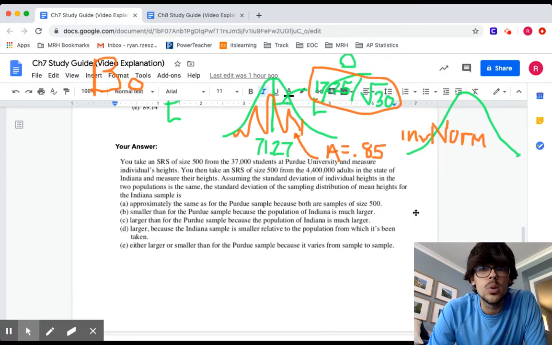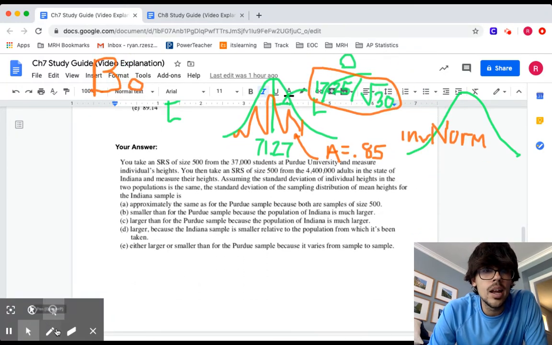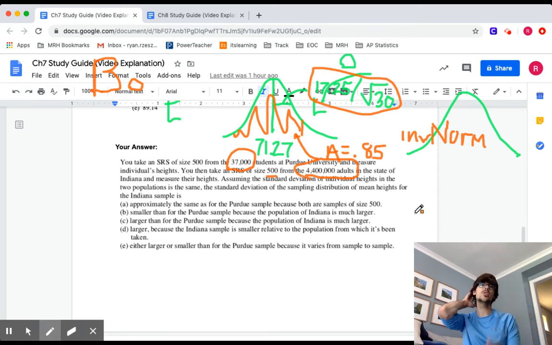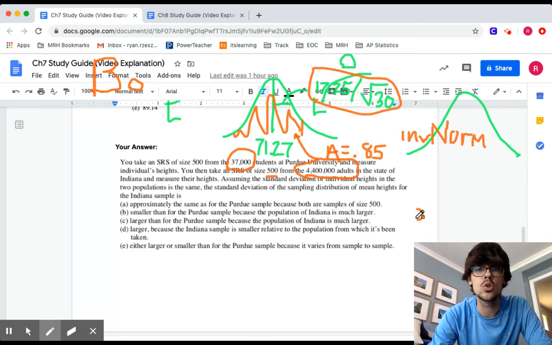Final multiple choice question here. We've got an SRS of size 500 from a population that is this big, 37,000 at Purdue. And then you take an SRS of the same size from all the adults in the state of Indiana and you measure their heights. The standard deviation for Purdue and Indiana, so regular sigma, is assumed to be the same.